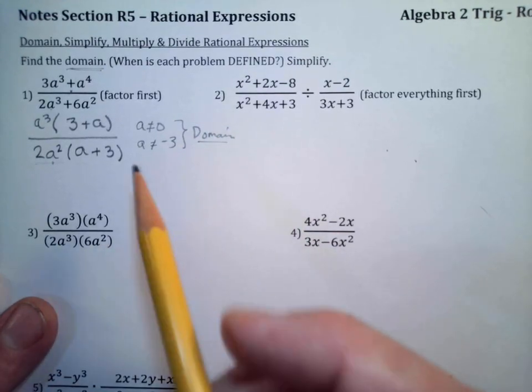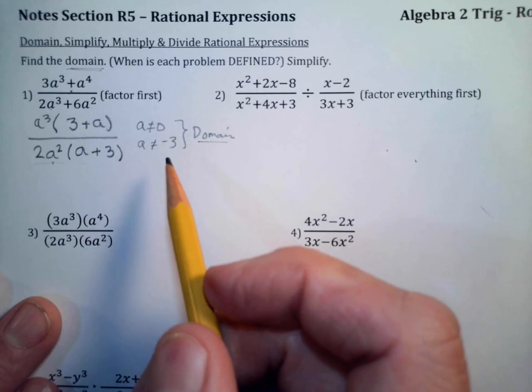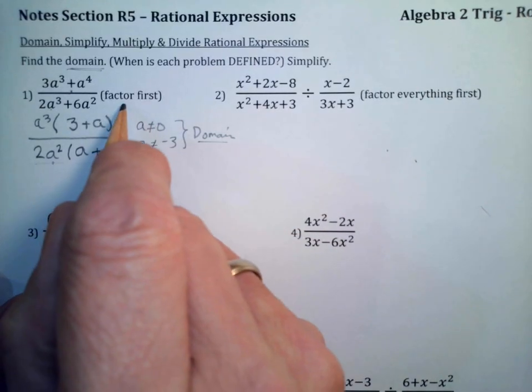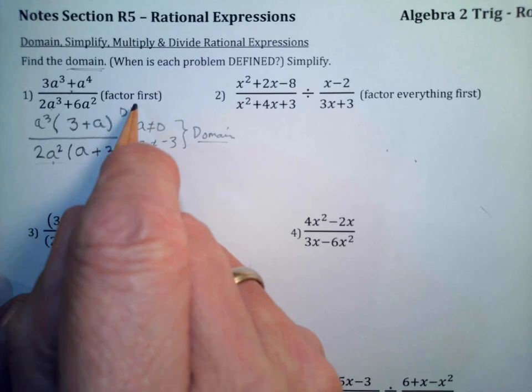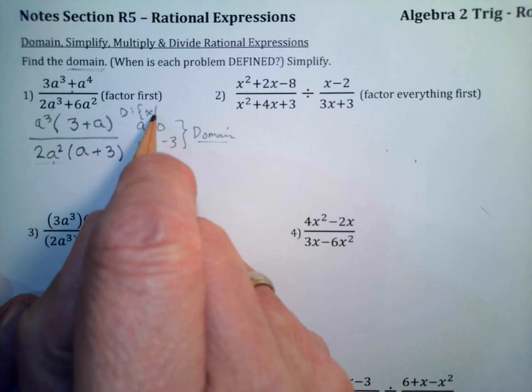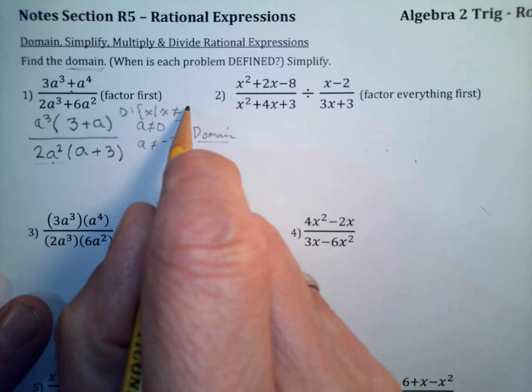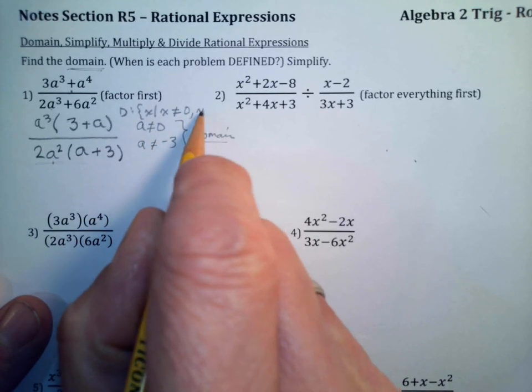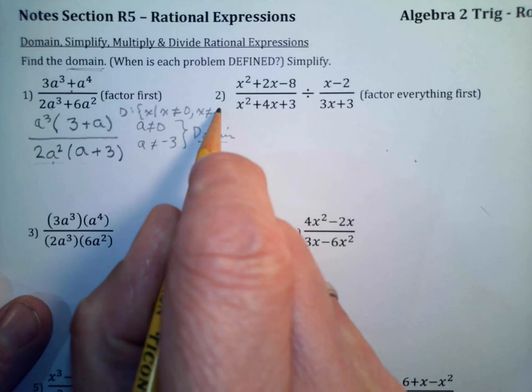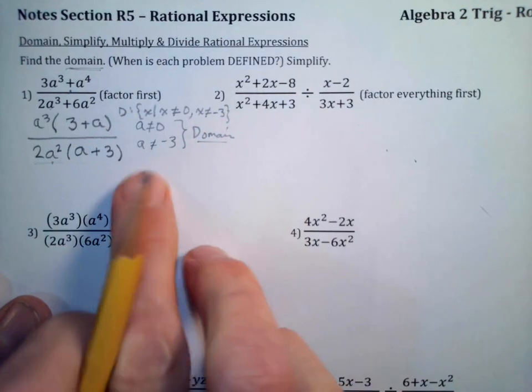We have fancy ways of saying it, and we'll say something like the domain is any x value such that x cannot equal 0 and x cannot equal negative 3. That's a fancy way of doing it.